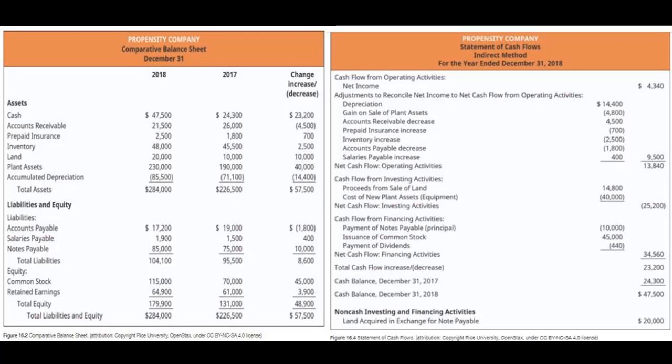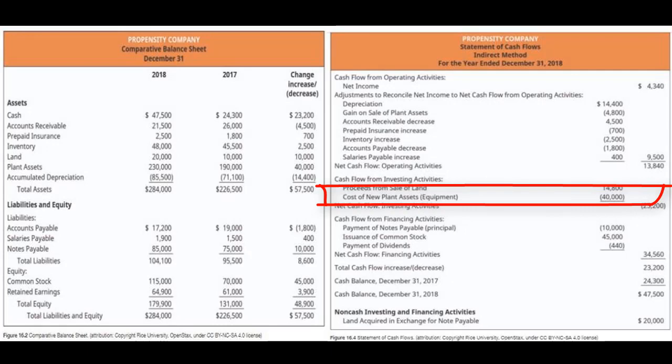Well, let's look at figure 16.4. Let's look at the investing activities section. It's the smallest of them all, in the very middle of 16.4. The second line, cost of new plant assets, or more specifically, equipment purchased, negative $40,000.